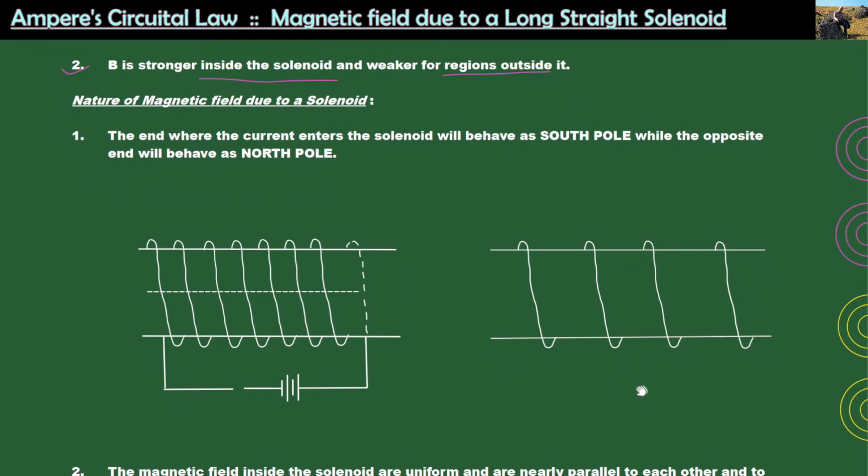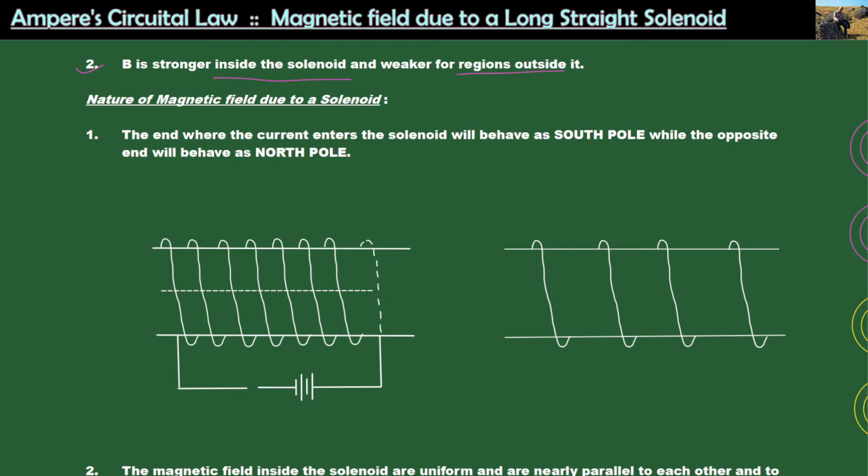So we know that when we pass current across a solenoid, this will be the positive terminal, this will be the negative terminal, and this is the key. When we insert the plug, current I will be passing, the current is moving in this direction, and from here the current enters this point.